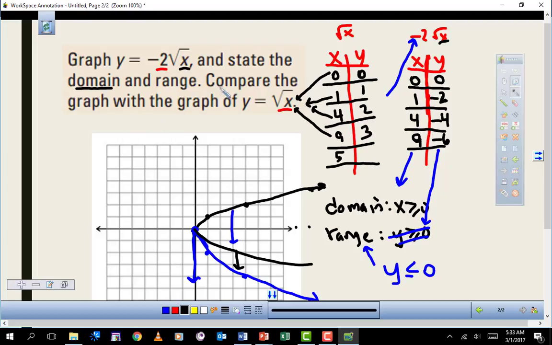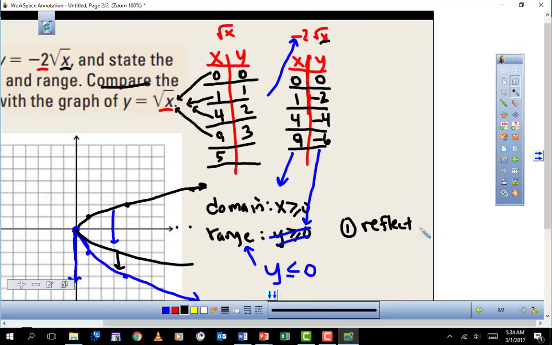And that's what they mean by compare. You compare the graphs. So we would say, number 1, this graph is reflected across the x-axis.